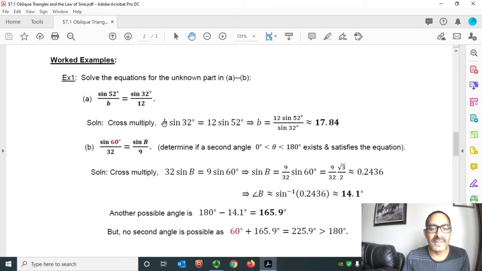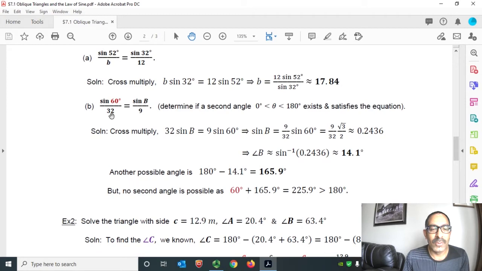Our goal is to find the value of b. So let's divide both sides by sine 32 degrees. Then we have b equals 12 times sine 52 degrees over sine 32 degrees. And using a calculator, the approximate value of b turns out to be 17.84. Awesome. Similarly, let's move on. Let's do part B.